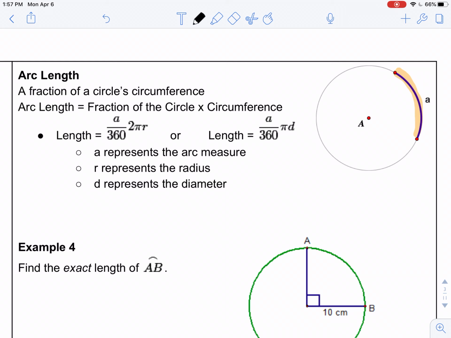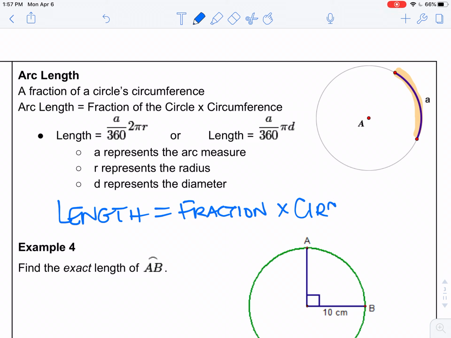Personally, I like to think about the arc length being equal to the fraction of my circle times circumference. Personally, it's easier for me to remember that setup rather than memorizing those mini formulas that go along with it.